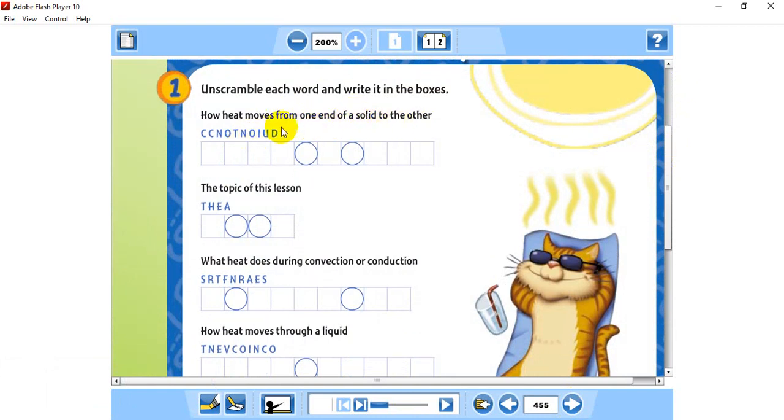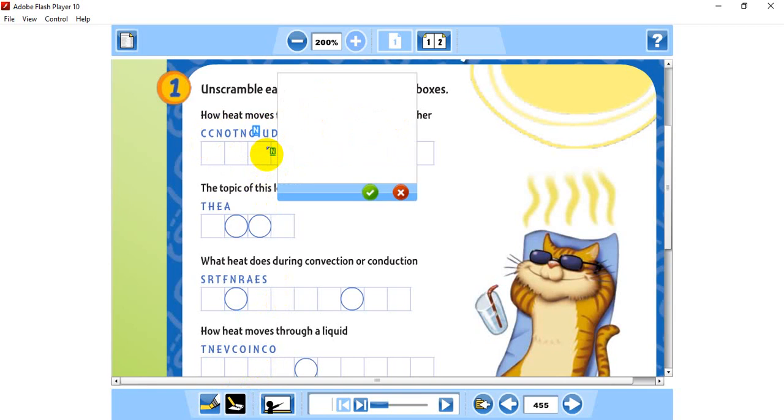Try to reorder the letters here. So the correct answer here, guys, is conduction. We should write here conduction.